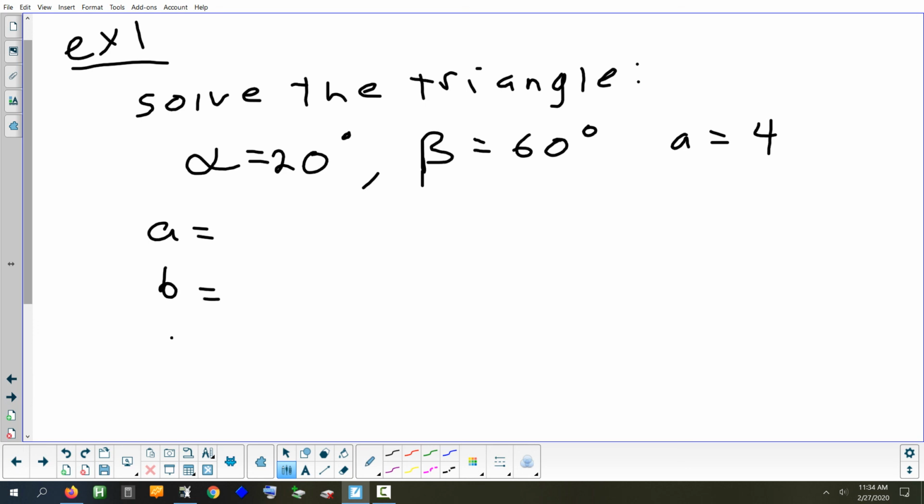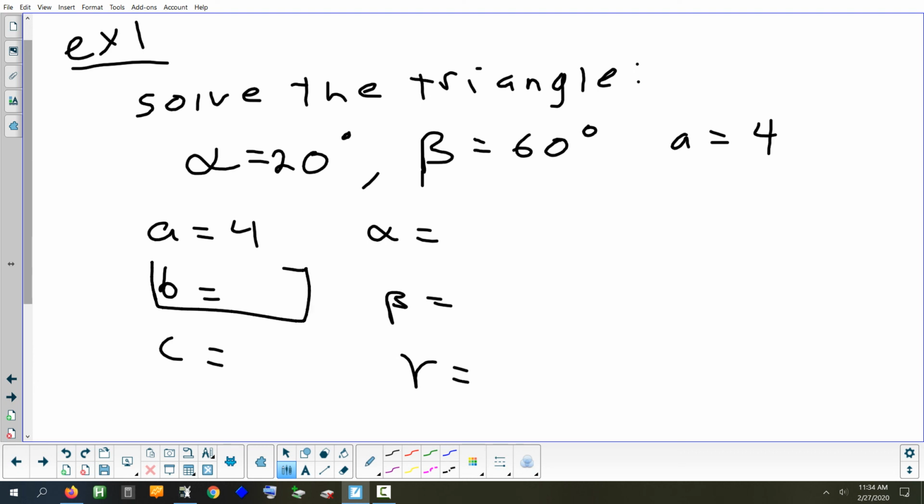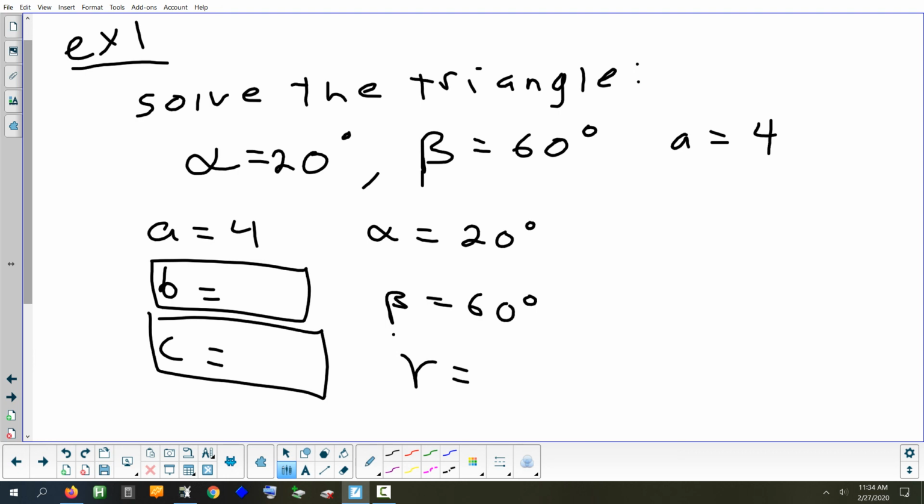A, B, C, alpha, beta, gamma. We're making a table to organize all the stuff we were given. We know A. Put a box around B because you don't know it. Put a box around C, you don't know it. Alpha is 20. Beta is 60. Gamma we don't know.